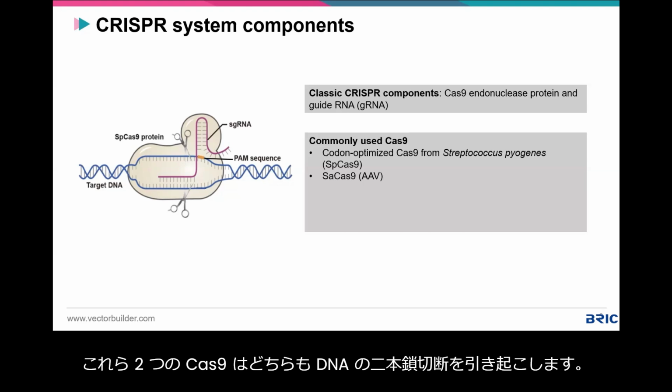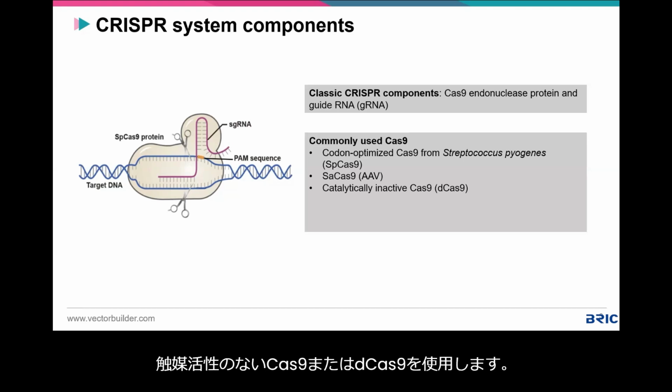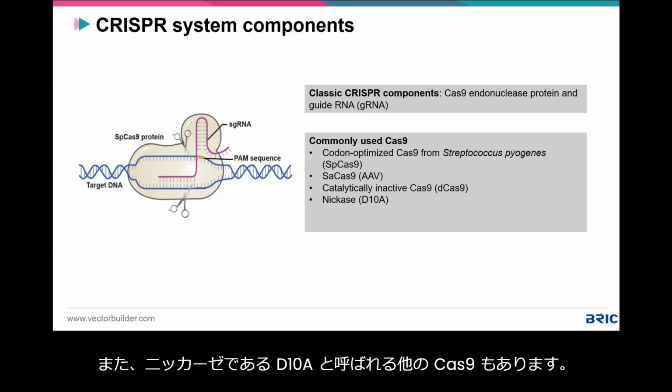Both of these Cas9s induce double-stranded breaks in the DNA. And sometimes you don't want the double-stranded breaks. You want to be able to use Cas9 to have some effect at the target site, but not make the break. In such a case, you will use catalytically inactive Cas9 or dCas9. And there are also other Cas9s called D10A, which are nickases.